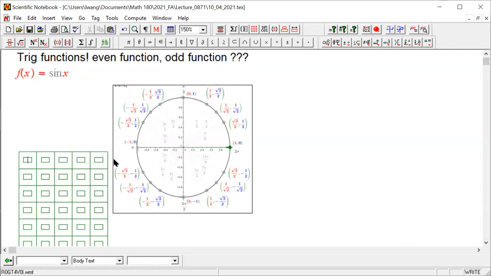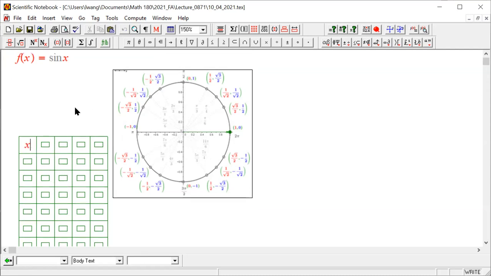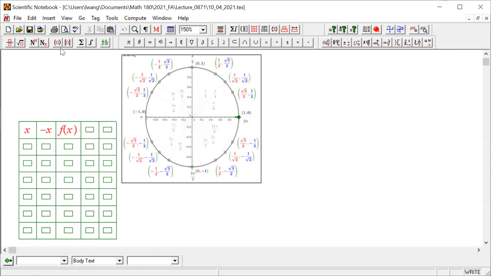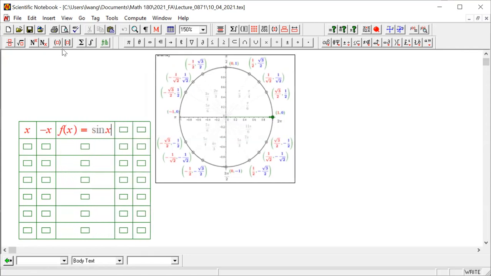This will be a good practice because we'll be using a lot of the exercises we did in the past weeks about trig functions. This time I'm also going to be doing x and negative x, but the function here is f of x equals sine x.